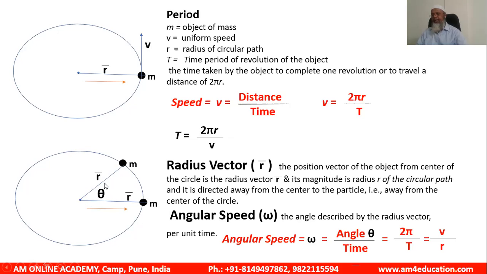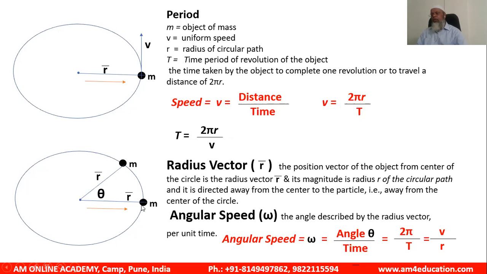This theta is nothing but the angular displacement. Similarly, as in linear motion, speed is equal to distance upon time. In circular motion, instead of linear speed, there is angular speed. In linear motion, it is distance or displacement. Here it is angular displacement, and time is time. So angular speed, denoted by small omega, is equal to angle theta upon time.